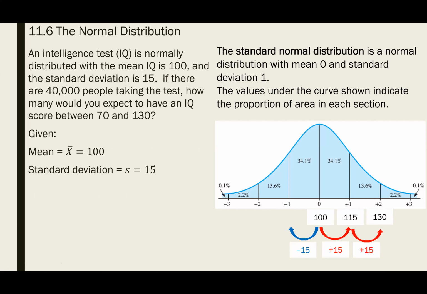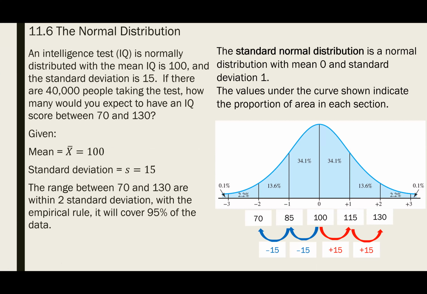Instead of minus 15, I minus 30. So that's where I identify the two numbers, 70 and 130. And because I took 2 steps, within 2 steps I have 95% of my data.